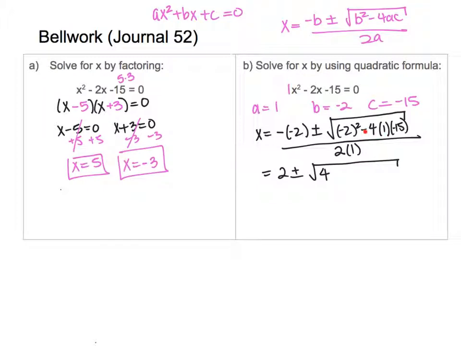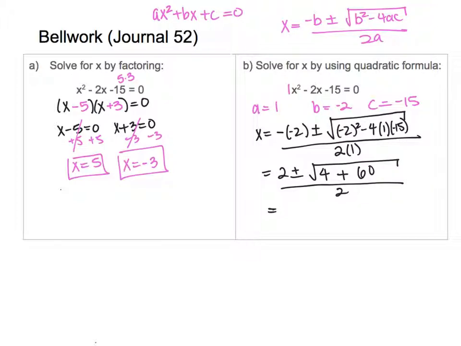There's a negative here and a negative on the 15. If you multiply these two, you make a positive. So I already know my sign is a positive. Then I take my numbers and then I actually multiply. So 4 times 1, 4. 4 times 15, 60. Over 2 times 1, well, that's just 2.